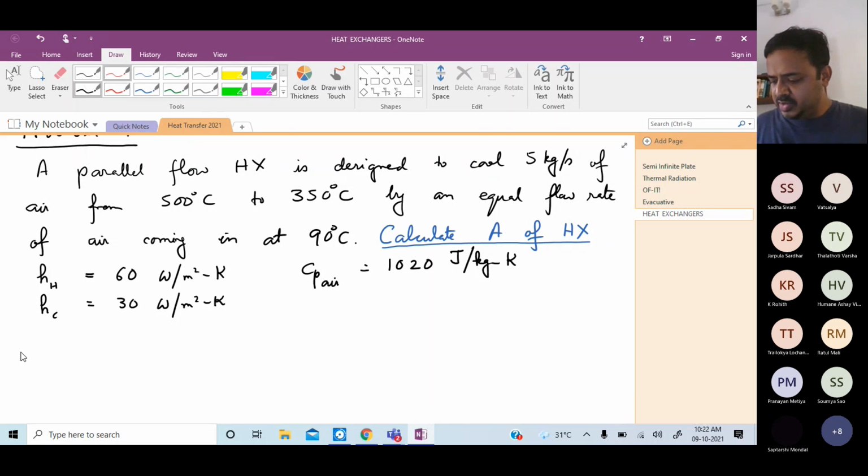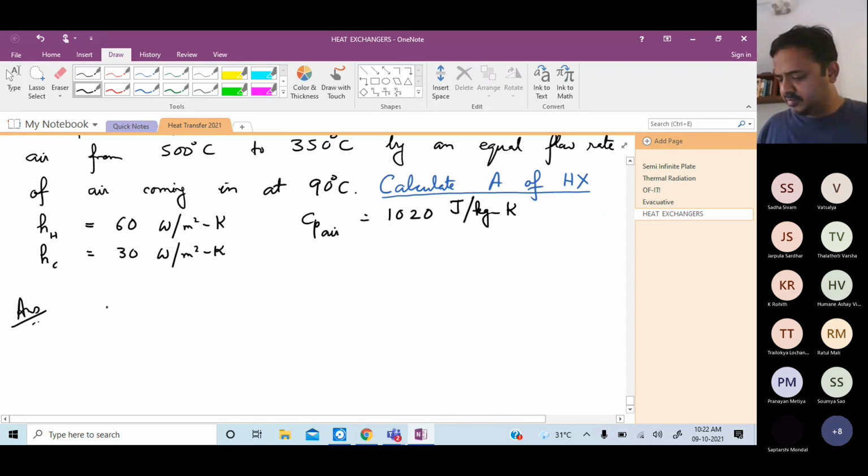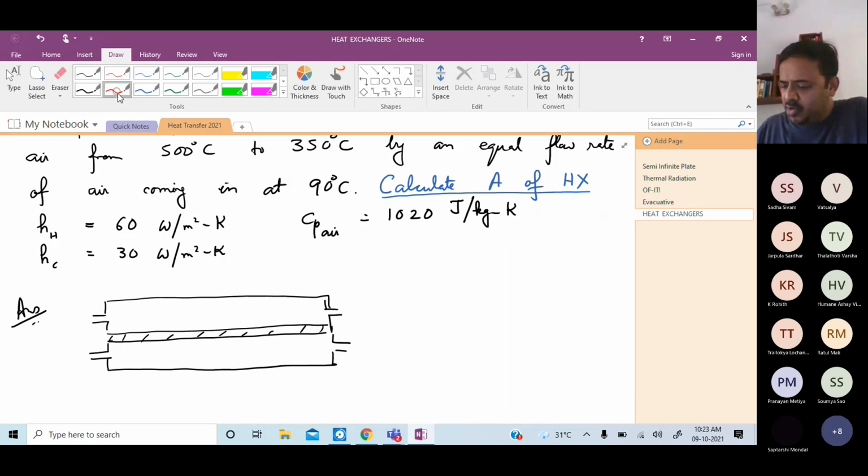Okay, so this is what we have to find out. What are we saying? We are saying that it's a parallel flow heat exchanger. I have hot air coming in and exiting.